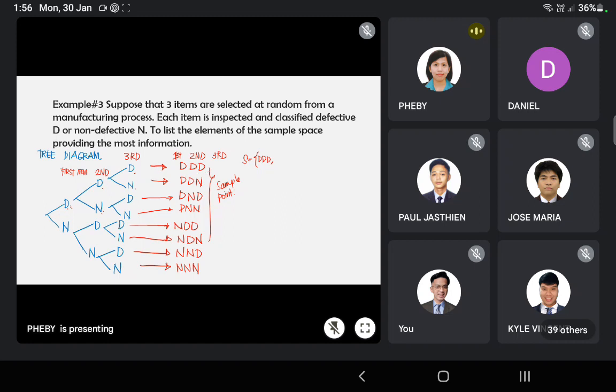So, D, D, D. Next, D, D, N: the first item is defective, the second item is defective, and the third is non-defective. So on and so forth. Those are the possible combinations of items, either defective or non-defective, according to the order of picking. First, second, and third.